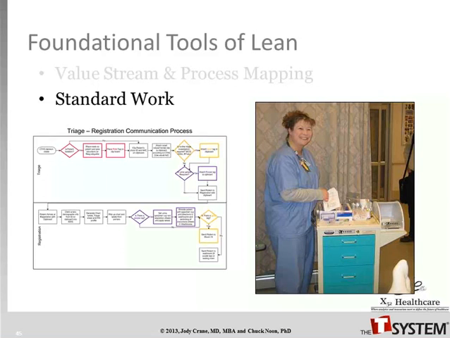When we're looking at standard work, we think of how many patients are arriving per hour. That determines how much time we have, and then we determine how much time it takes. If it takes longer than the average time that we have, then we know we need to reduce our cycle times, and we need to implement lean to reduce some of the wasteful activities that we're doing.